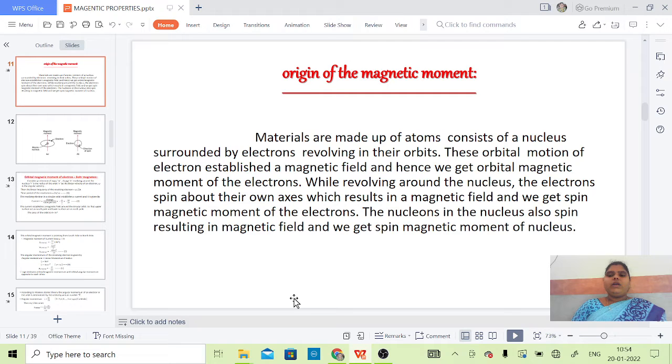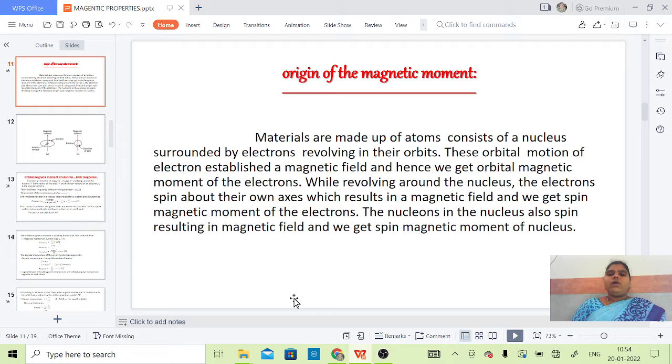The orbital motion of the electron establishes a magnetic field, and hence we get the orbital magnetic moment of electrons.